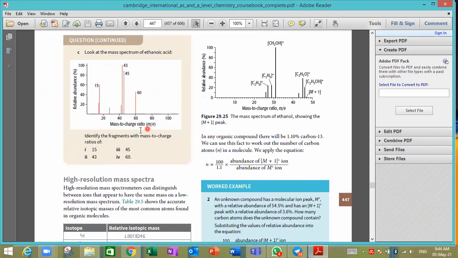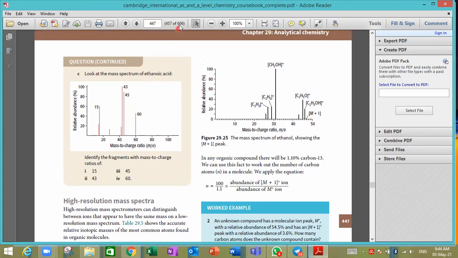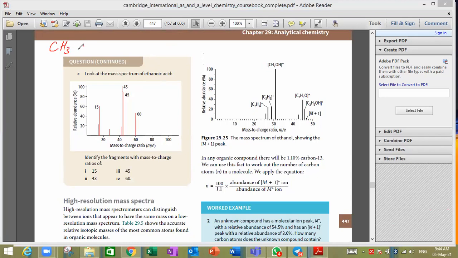Okay, now let's look here at ethanoic acid. If we look at the structure of ethanoic acid, it is CH3, C double bond O, OH. Here, in the first part, this molecule as a whole forms the positive ion, from which we get the molecular mass of ethanoic acid.